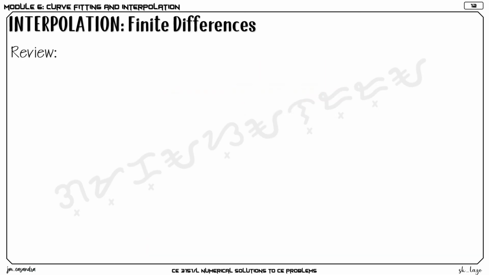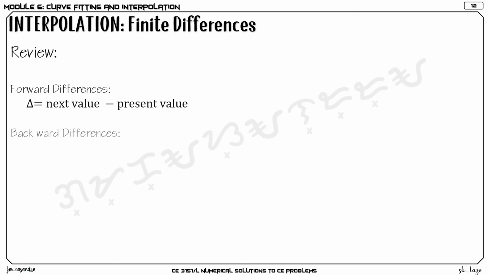So as a review for finite differences, we have two ways of determining the differences of data sets. We have the forward differences, wherein delta is taken as the difference of the next or the proceeding value minus the present or current value, and the backward differences, which is taken as nabla and is the difference of the present value and the previous value.